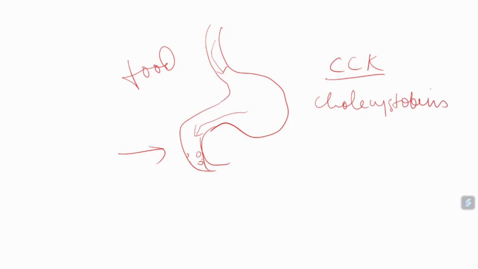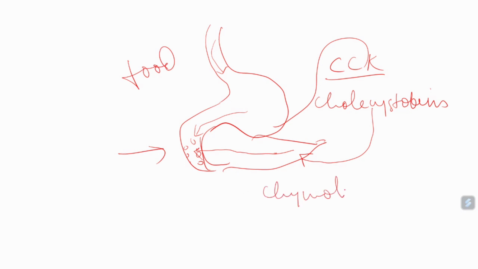This cholecystokinin is released when food enters into the duodenum, and it will go to the pancreas, and in the pancreas it will stimulate the release of chymotrypsinogen and trypsinogen. This chymotrypsinogen from the pancreas, upon activation by cholecystokinin, will be released into the duodenum.